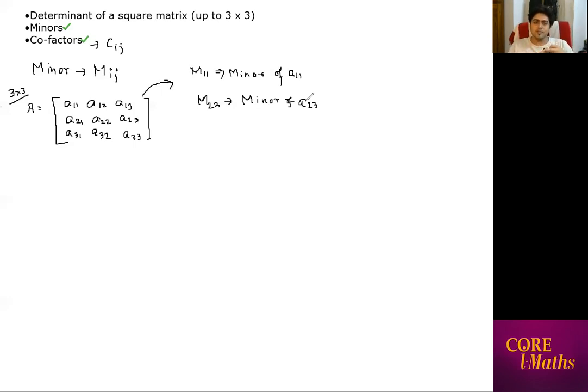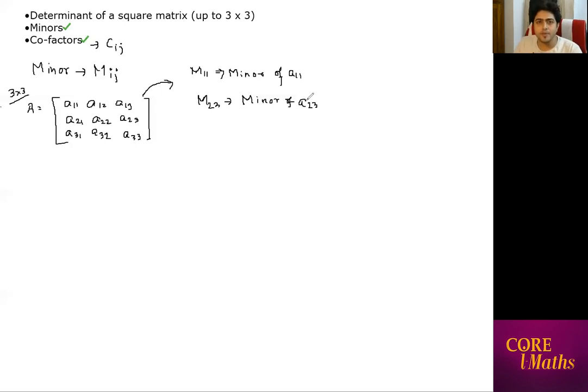For example, for any 4 cross 4 ordered determinant, when you find the minor value of any element, what will be the order of the minor?